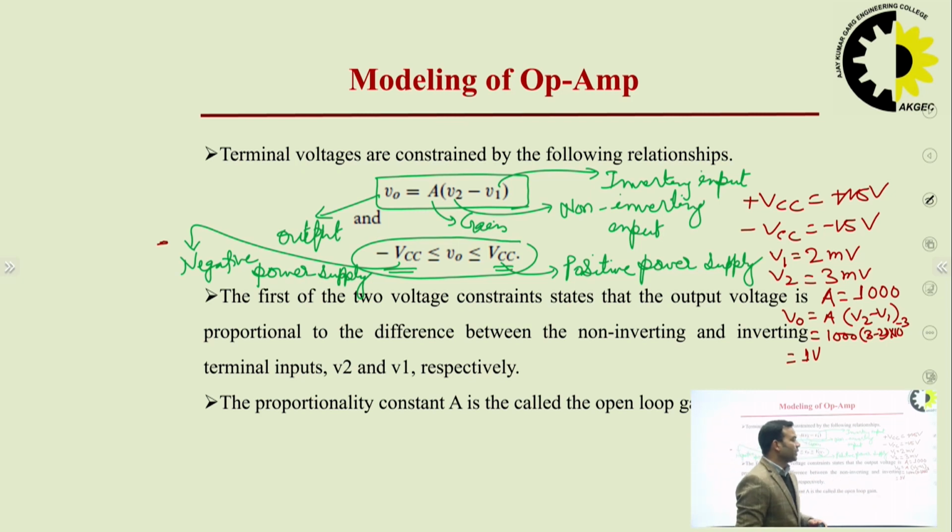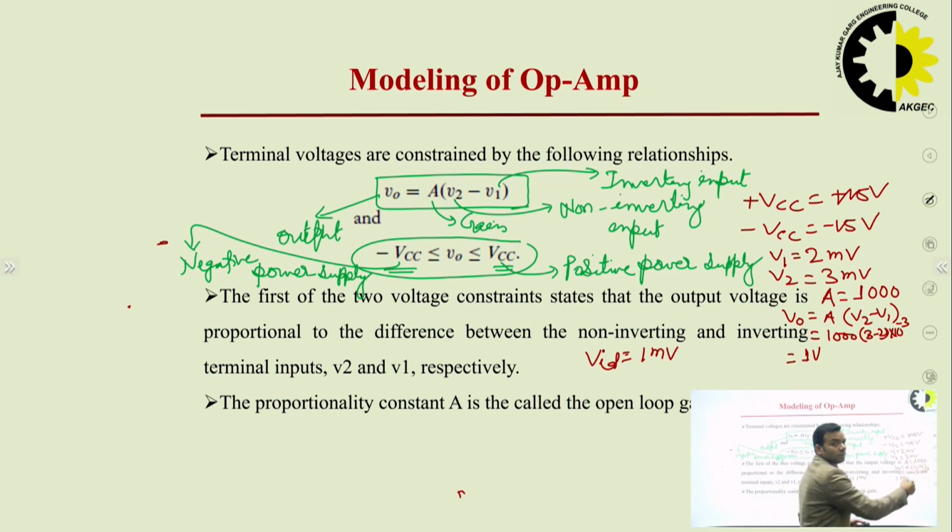If you increase differential input VID, in this case 1 millivolt, it will be multiplied by gain. If differential input is 5 millivolt, output will be 5 volt. Condition is gain is equal to 1000. If input will be 10 millivolt, output will be 10 volt.